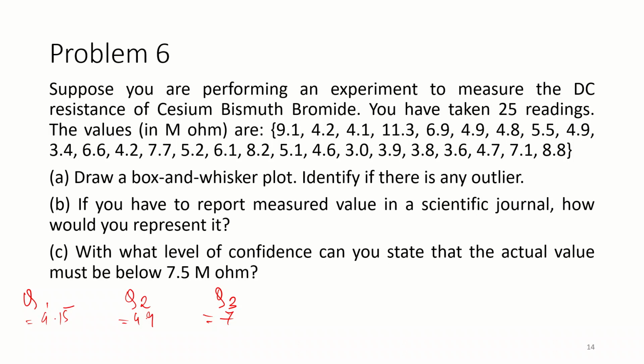Okay, cool. So any outliers? You have to check whether anything lies beyond Q1 minus 1.5 IQR and Q3 plus 1.5 into IQR.